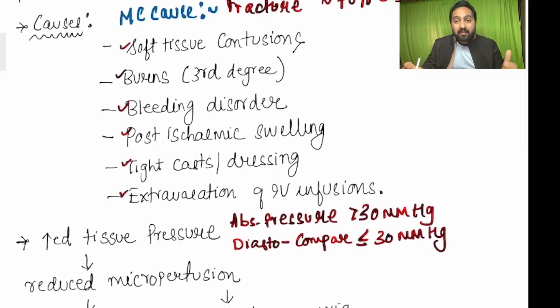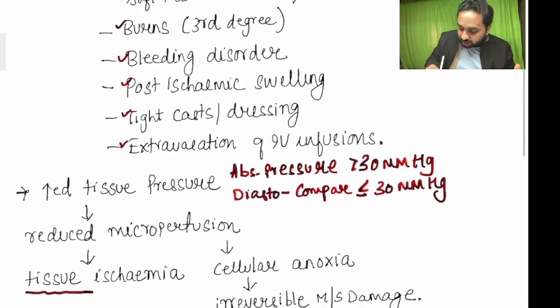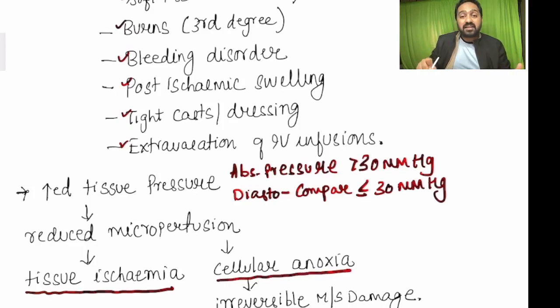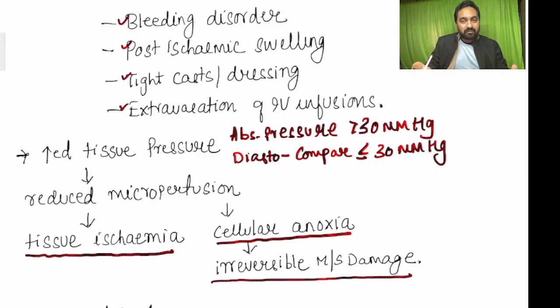So when there's this increased tissue pressure, there is reduced microperfusion. Because of this reduced microperfusion, the cells are not going to get oxygen, as a result of which there is going to be tissue ischemia and cellular anoxia, which is eventually going to cause irreversible muscle damage.